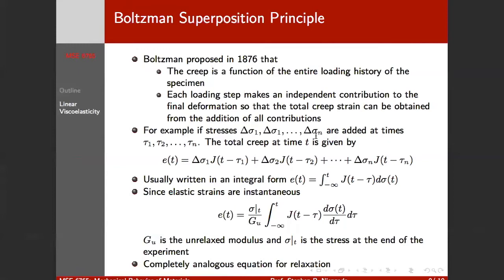So if we have stresses that are added at these times, the creep at time t can just be added up as the linear contribution of these time-shifted events. We'll go through some examples to make this make a little more sense.